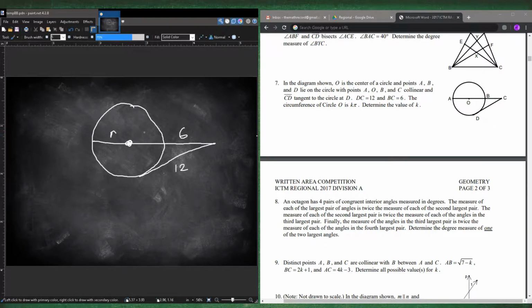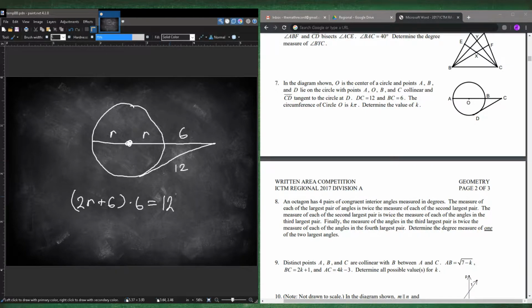Okay, so to determine the value of K, we need to find the circumference. So we know this is the radius and this is also the radius, right? The formula for these is called the secant-tangent formula, but generally it's just inscribed. So the formula is that this entire length, which is 2r plus 6, multiplied by the line that's outside, so times the 6, is equal to this line squared.